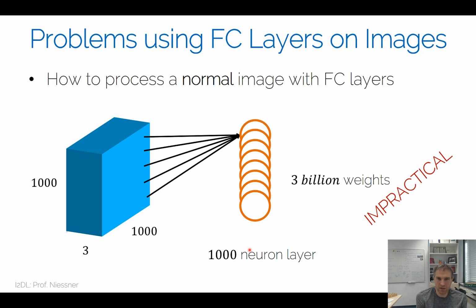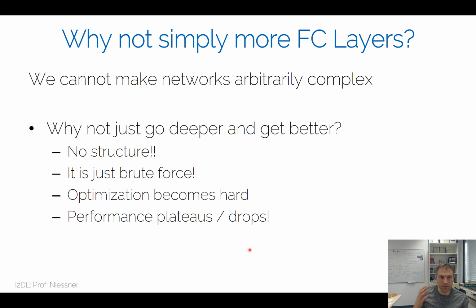And this is where we need to have a bit of structure. The problem is basically we cannot make these networks arbitrarily complex. We can't just go deeper because the fully connected layers are pretty much just brute force. So we have to make this practical somehow. What do we want to do actually? How do we make it practical? And this is very important here.